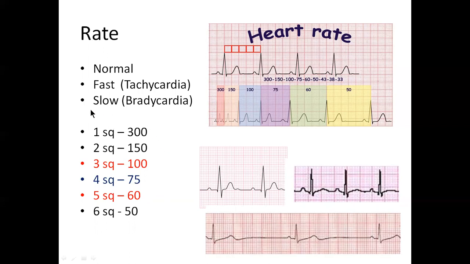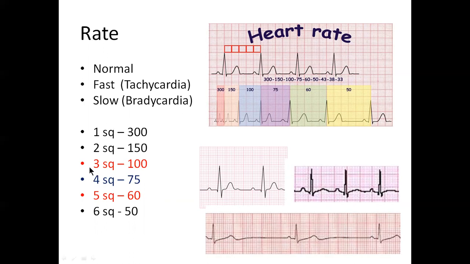Okay. Now, 3 things can happen to the heart rate. One, it can be normal, or it could be fast. Fast is called tachycardia, or it can be slow, which is called bradycardia. So the definition of a tachycardia is if the heart rate is over 100 beats per minute, and that's 3 squares, right?